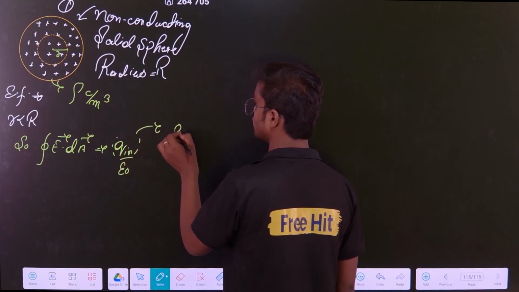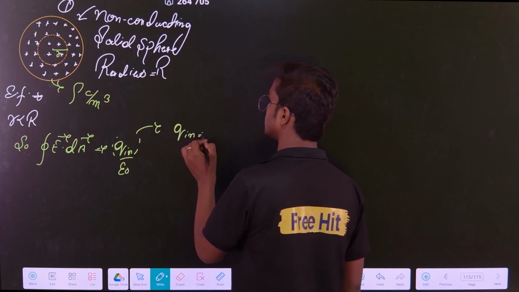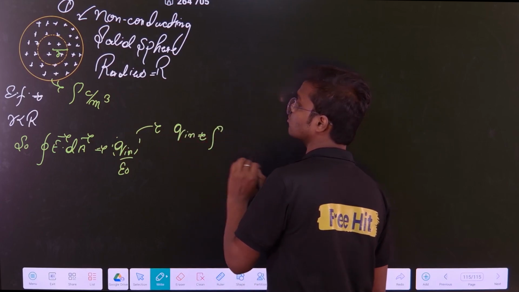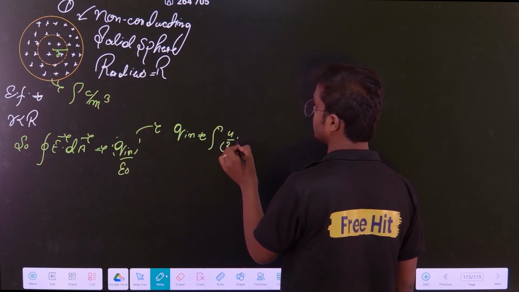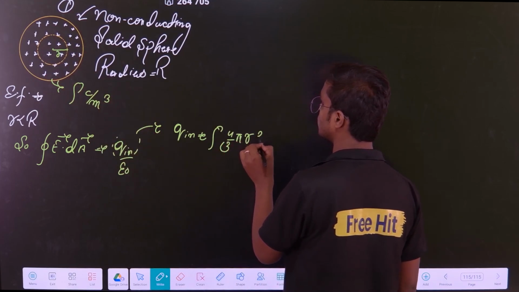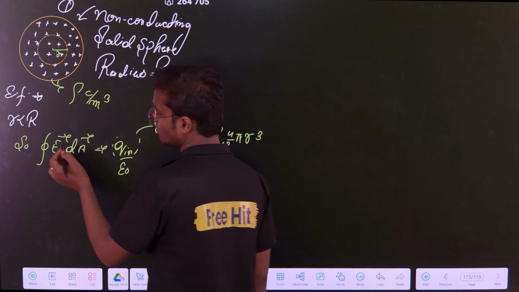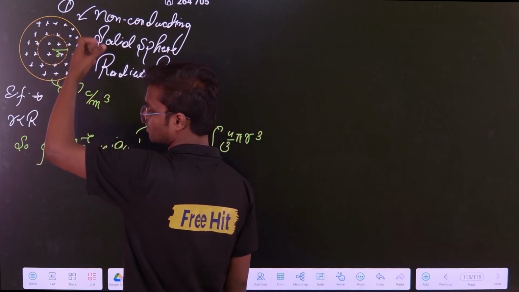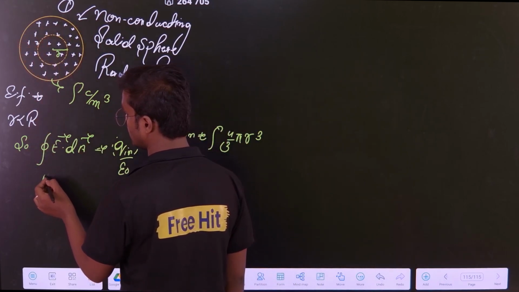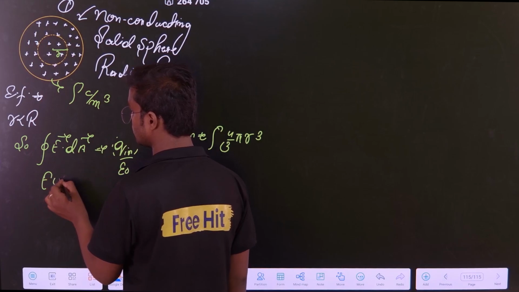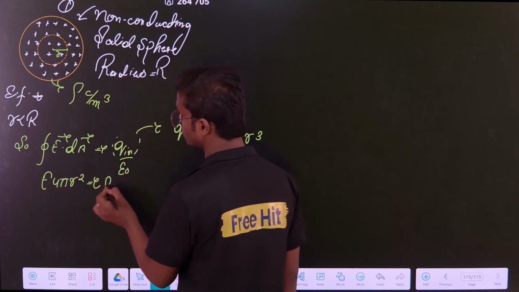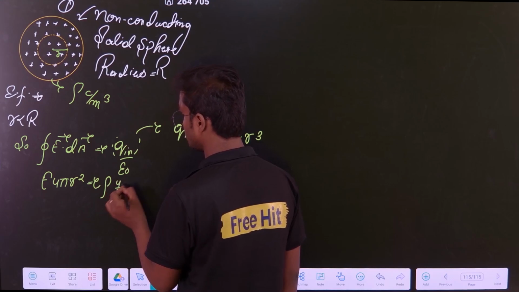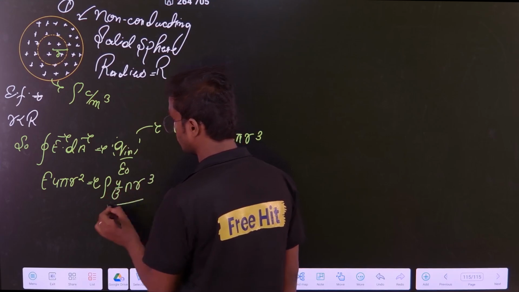Q inside will be rho into the volume of this Gaussian surface, that is 4 by 3 pi small r cube. Correct. Now here the electric field will be constant, dA vector will be along it, everything will be the same, so I can write E into 4 pi small r square equals rho into 4 by 3 pi small r cube by epsilon naught.